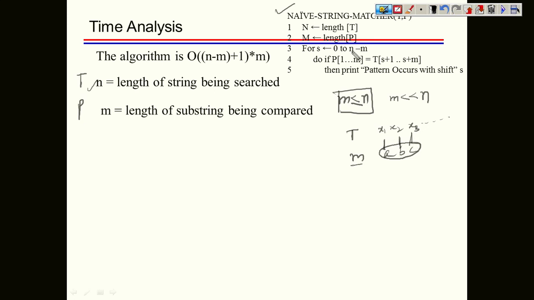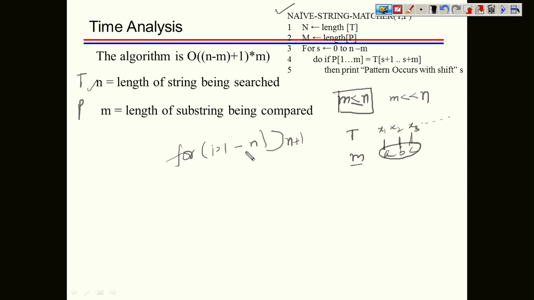We are doing this comparison n minus m plus 1 times. n minus m is the last limit where the pattern will be inside the boundary of the text, and the next time it will go beyond. If you remember, when you make a loop for i equals 1 to n, up to n the condition is true, but you have to check for the n plus 1th time when it becomes false.